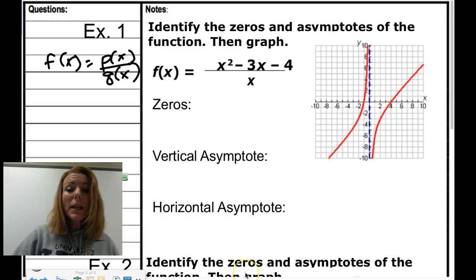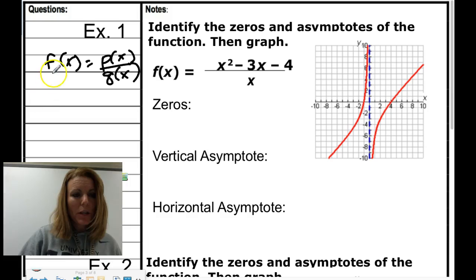So remember what I said, we're going to have to factor the top. I'm going to go over here, since I didn't leave myself a lot of room. And we're going to factor this together.